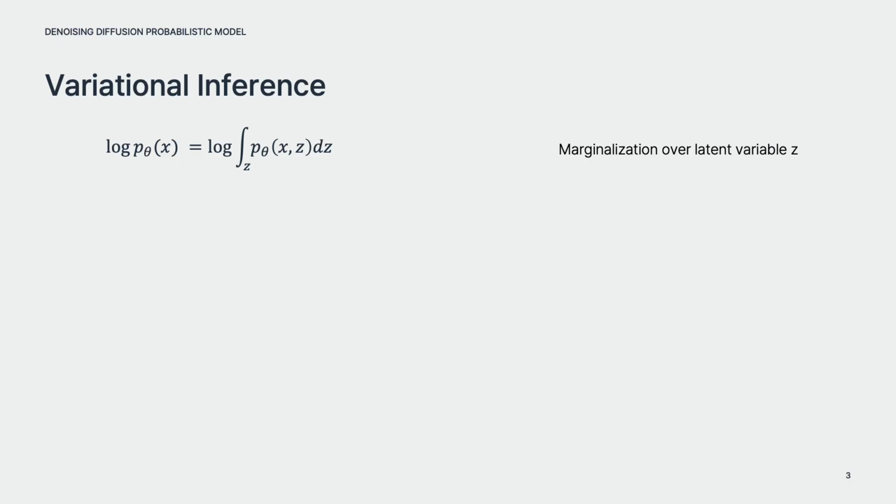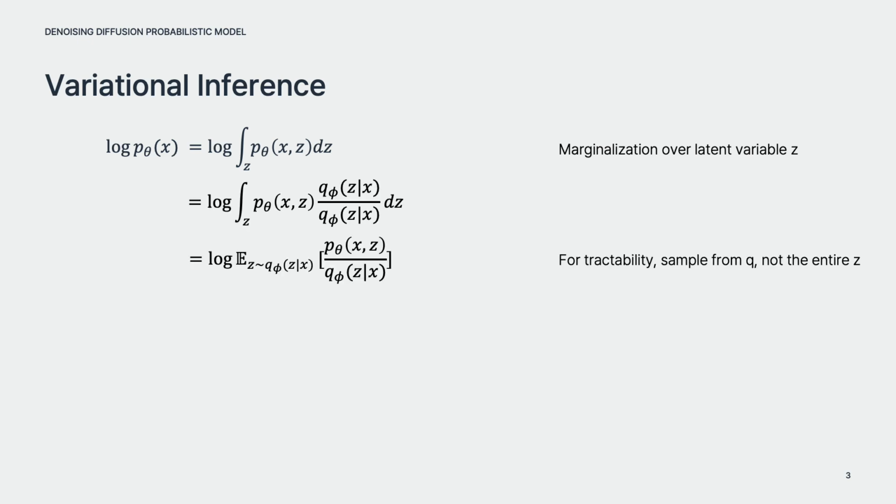First, we will review the last session. In the last session, we learned about variational inference. The goal of variational inference is to model the likelihood of X. However, as direct modeling is hard, we marginalize X over some latent Z. This would require integration over the entire Z, which will most of the time be intractable.